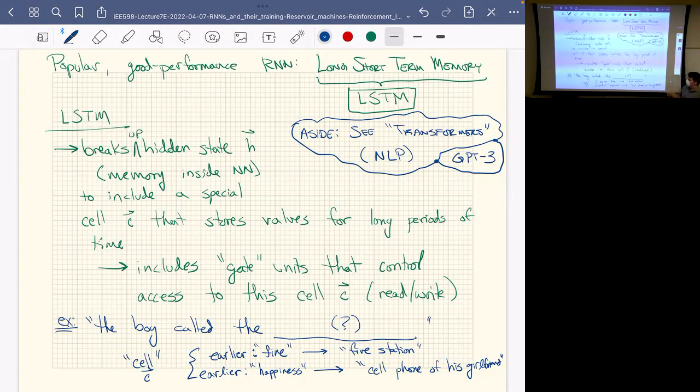So certain types of words like fire and happiness cause it to update this internal memory representation, and then downstream, when it needs to make predictions, the predictions are based not only on words nearby, but also on this state that has been hanging around for a long period of time. This allows it to make more intelligent predictions that match patterns throughout the document, not just local to the word that's being predicted here.